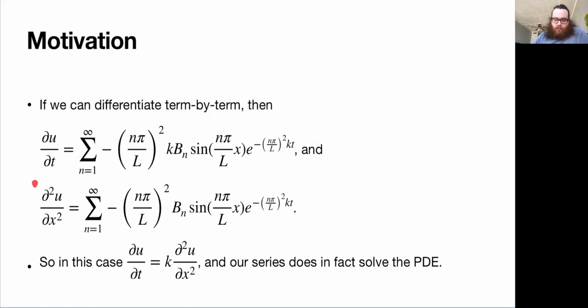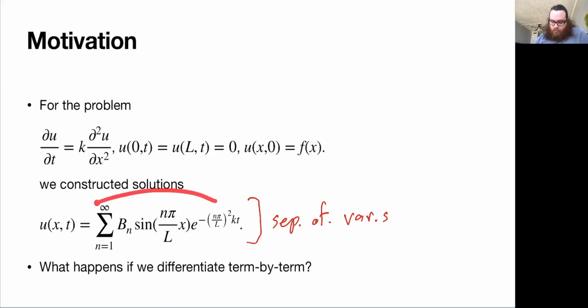Likewise, if we take x derivatives, going back here, this is a constant, and this doesn't depend on x, so the only thing that depends on x is this. If we can differentiate term by term and distribute that derivative, those derivatives will only hit this. So the derivative of sine of n pi over L x is n pi over L times cosine of n pi over L x.